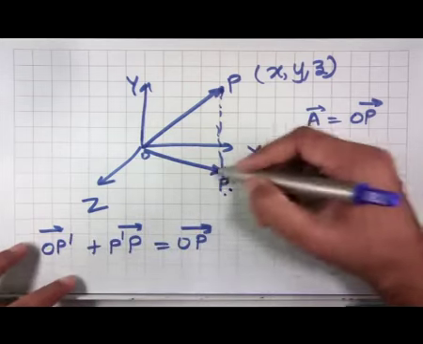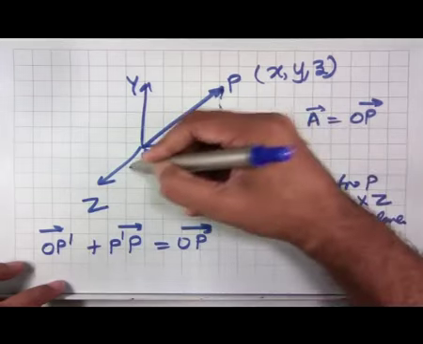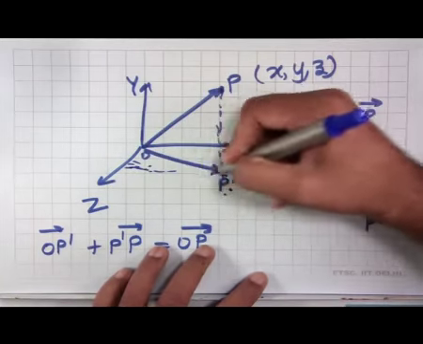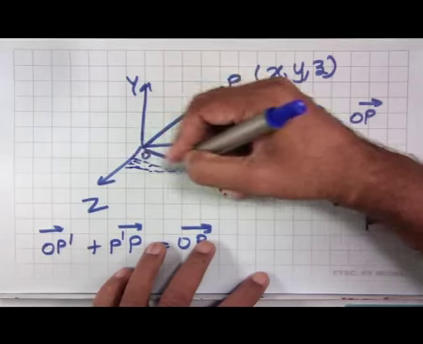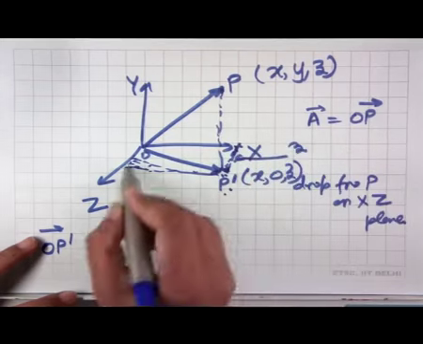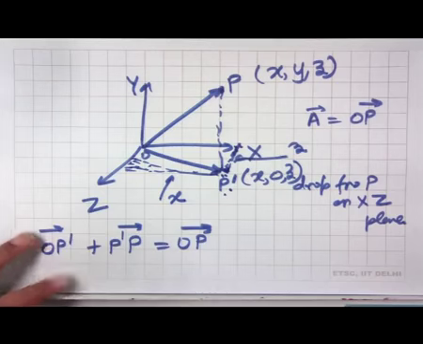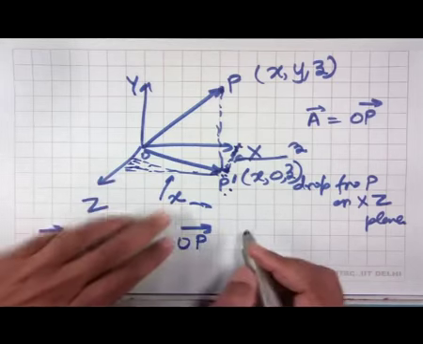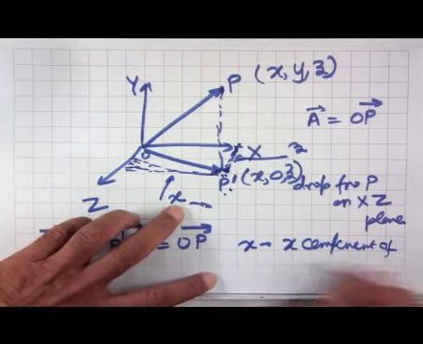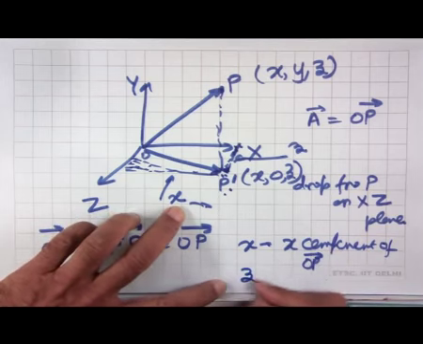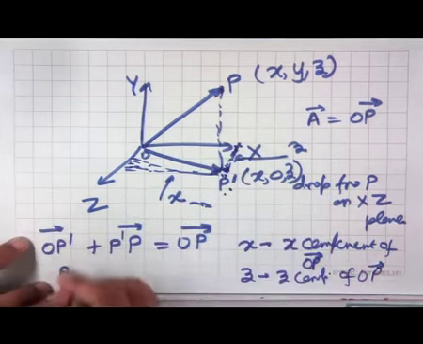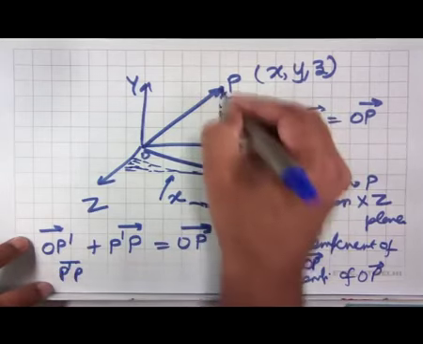And if from point P prime we take a perpendicular to the x axis and a perpendicular from P prime to the z axis, now this distance here will be z, and this distance here will be x, and this x is what we will say is the x component of the vector OP, z will be the z component of the vector OP, and similarly P prime P is in magnitude equal to y.